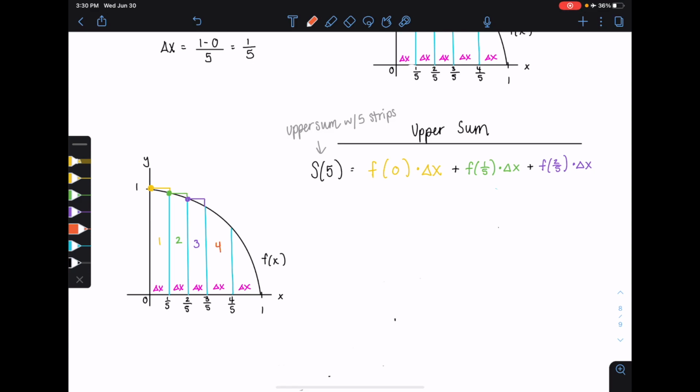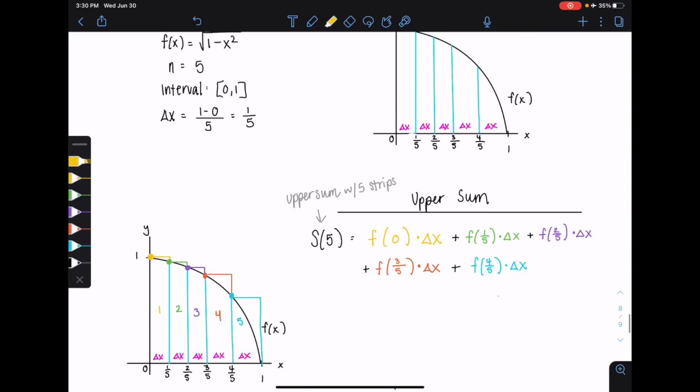On this fourth strip, the left end point again is the one that happens to work for us to give us that biggest approximation. So I'll plug in 3/5 and then times that by delta x. And finally, on the last strip, we use the left end point again to do this over approximation. So I'm going to plug in 4/5 and times it by delta x.